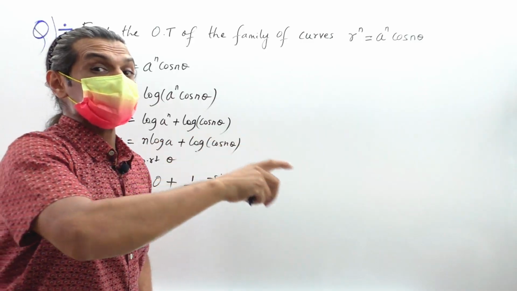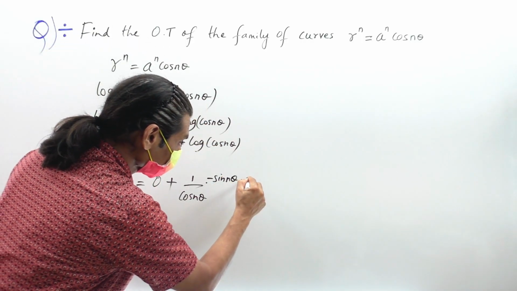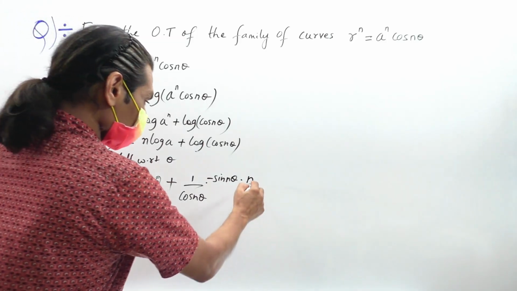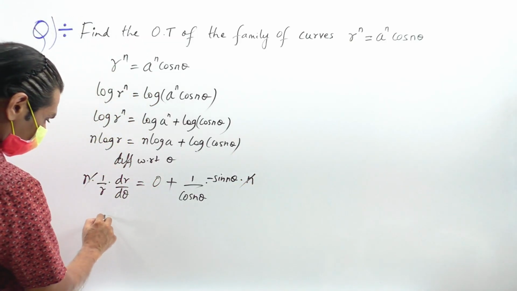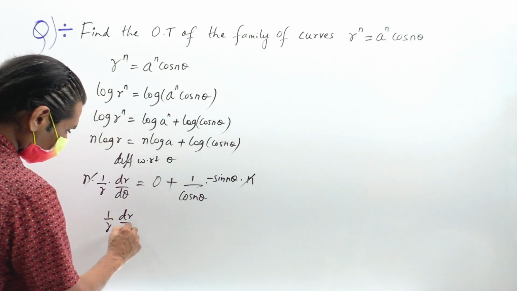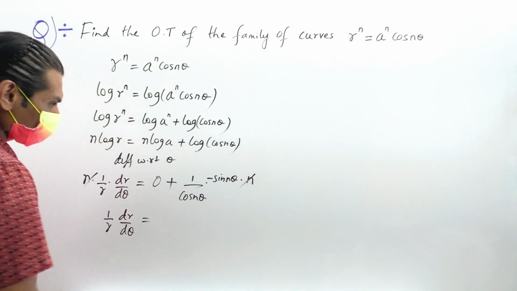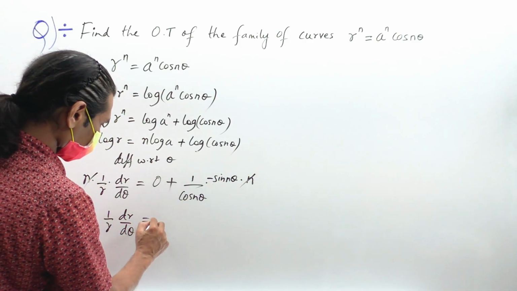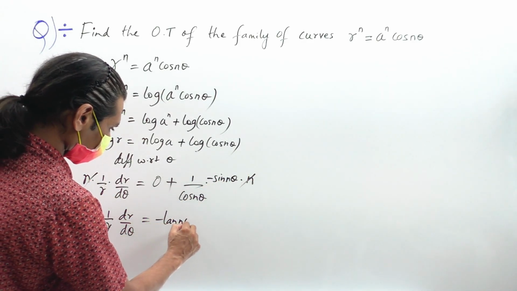Again chain rule, differentiation of n theta is n, because the differential of theta is 1 with respect to theta. So n cancels here. So we have here 1 by r dr by d theta equals, I can write this as, see here, n cancels, minus tan of n theta.